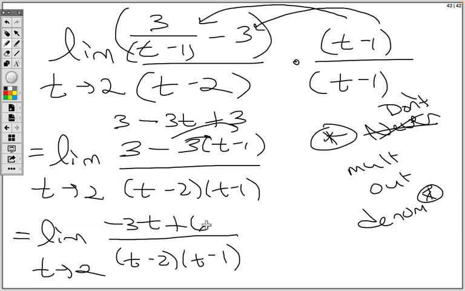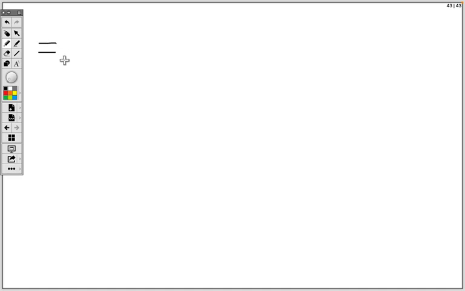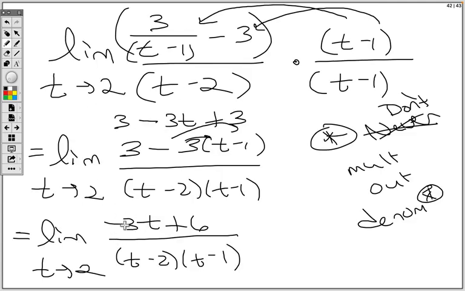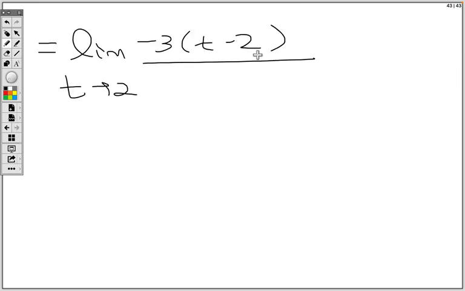So looking in the numerator, what could I factor out of the numerator to get a t minus 2? Well, I could factor out negative 3. Factoring out a negative 3, remember when you factor something out, that's the same as dividing. So we're left with a t there plus a negative 2, or in other words, a t minus 2.